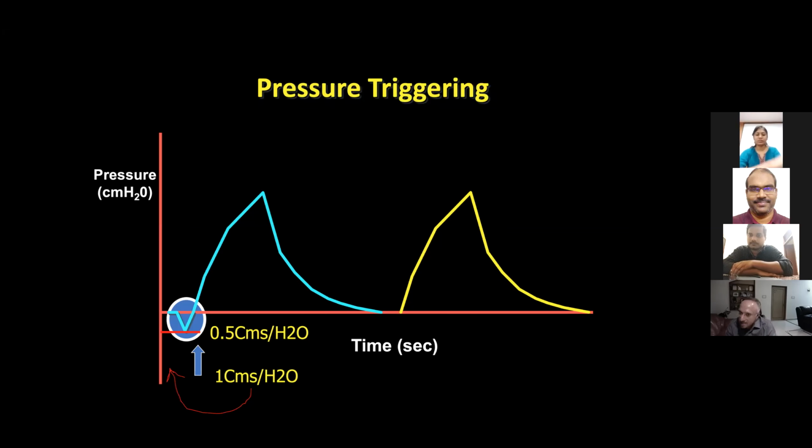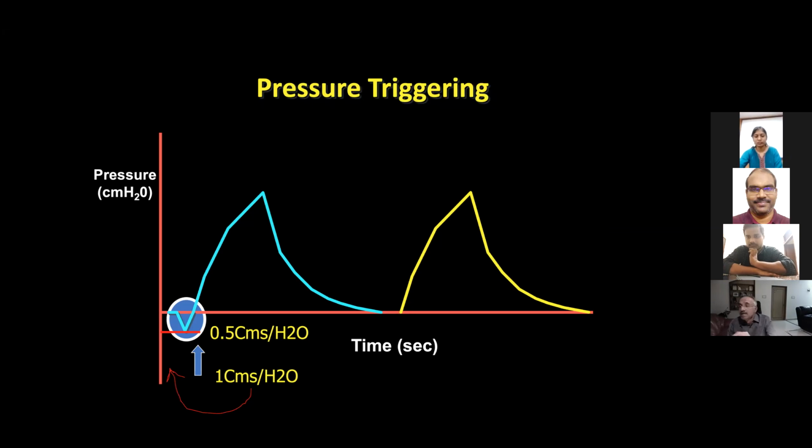If you set a trigger of 5 and expect him to generate 5 centimeters, if he is capable of doing that in the first place, he should not be on a ventilator, isn't it? If he is capable of generating -5 centimeters of negative pressure, he will generate his own tidal volume. So there is no point in keeping such a high trigger. Trigger should always be 1 to 2 centimeters of water only.